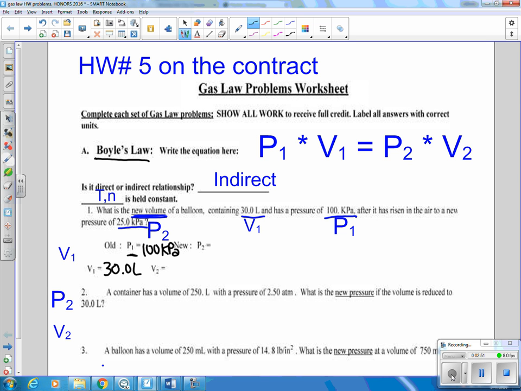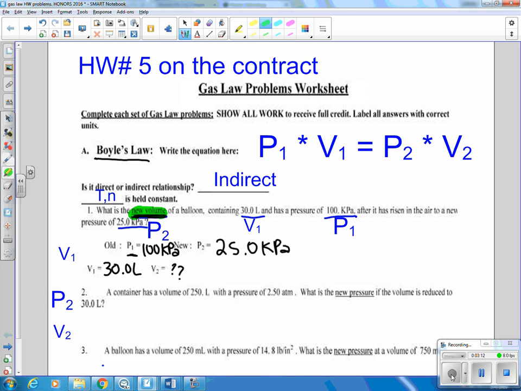Then the next number is 25 kPa, and that is your second pressure. And what the question's asking is, what is the new volume? Okay, what is the new volume? That's what you're looking for.